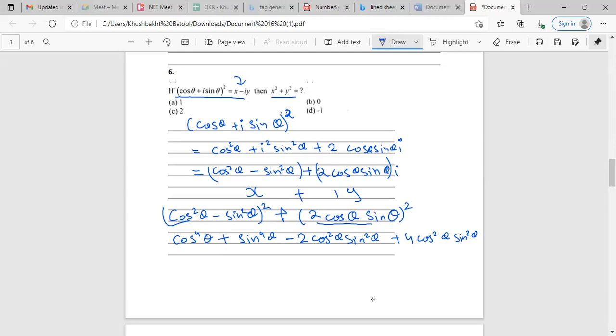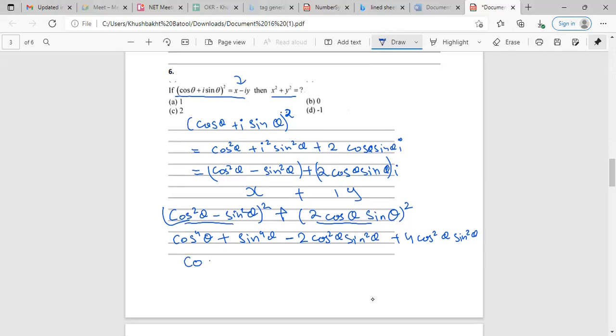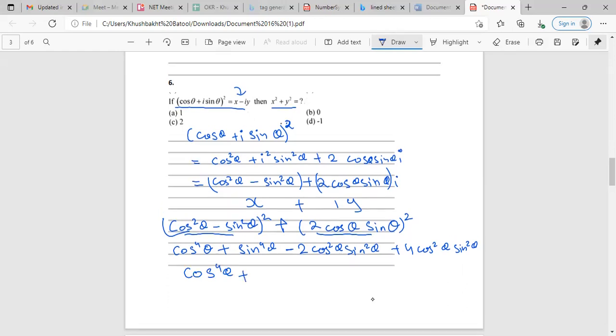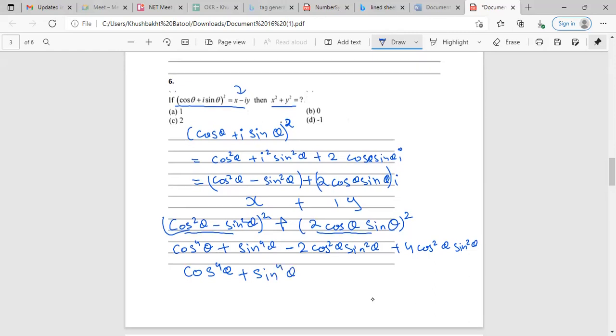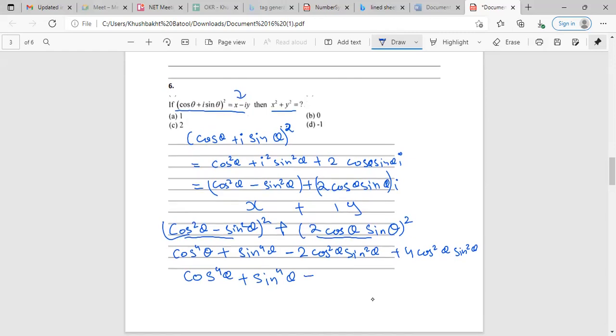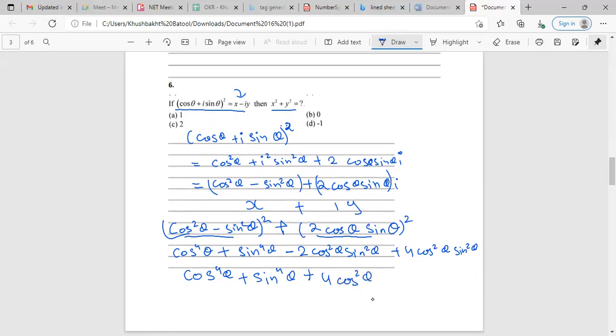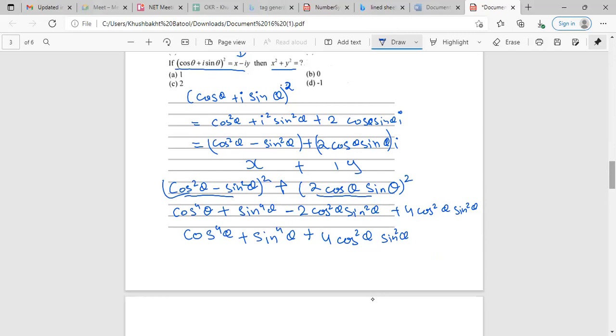Now let's just simplify it. So we have cos to the 4 theta plus sine to the 4 theta plus 4 cos square theta sine square theta, and minus 2 plus 4 would basically be 2.